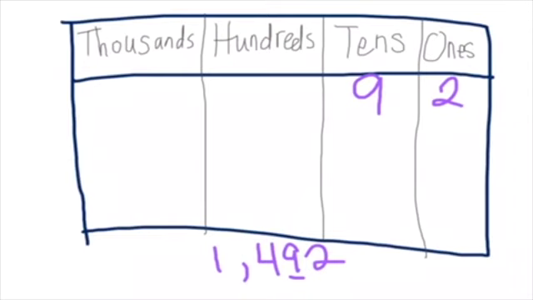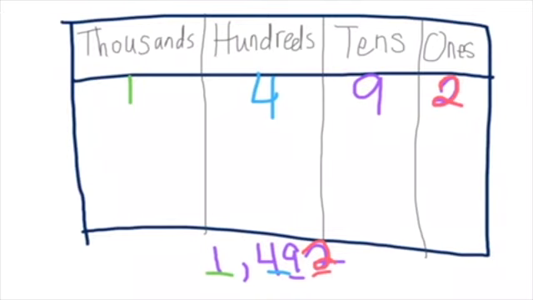And then I have the hundreds, and that is a 4. And then I have the thousands, and that is a 1. Since I made each one a different color, you can see each number by ones, tens, hundreds, and thousands.